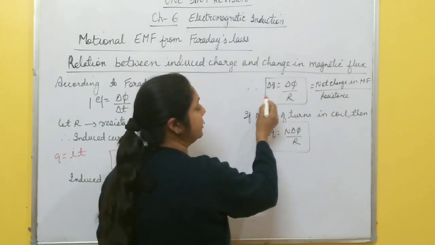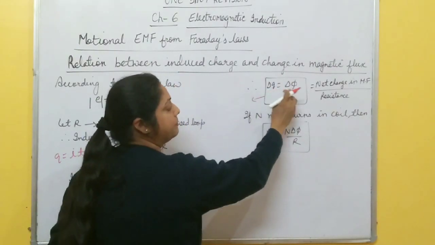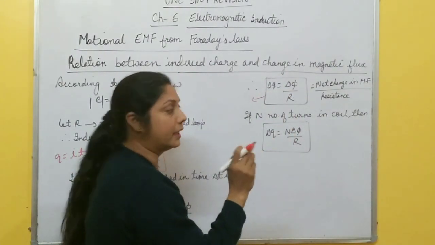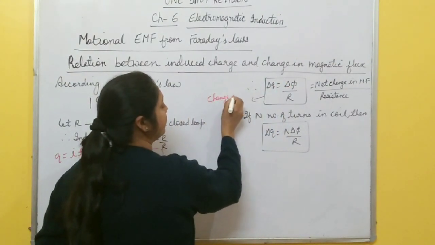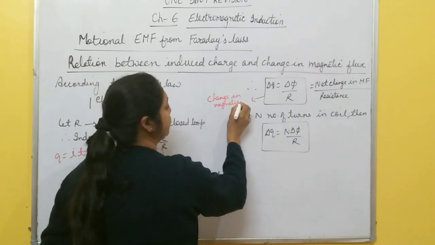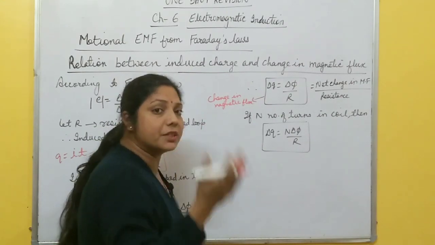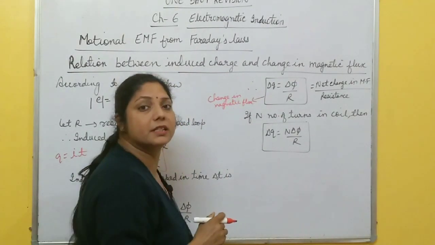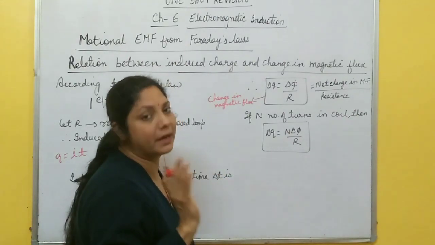From this expression, it becomes clear that induced charge is independent of time. It only depends on the change in magnetic flux, but it does not depend on how much time this change in magnetic flux takes. It means it is independent of the rate of change of magnetic flux.